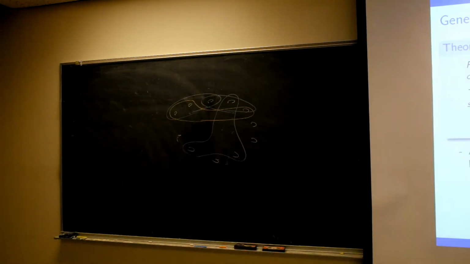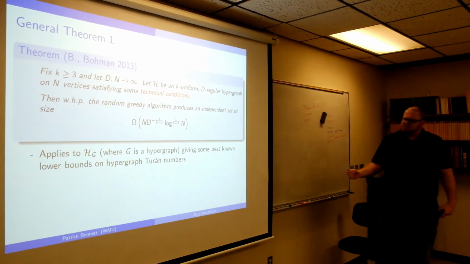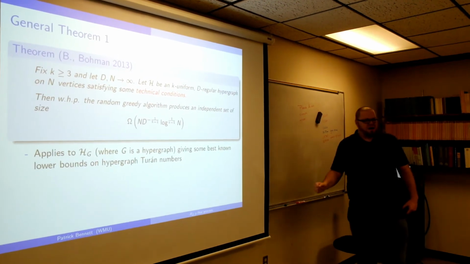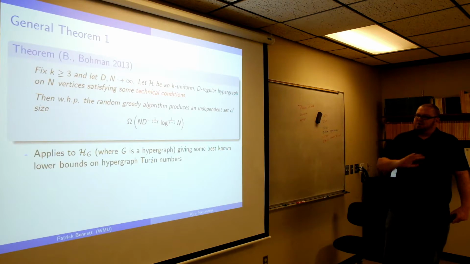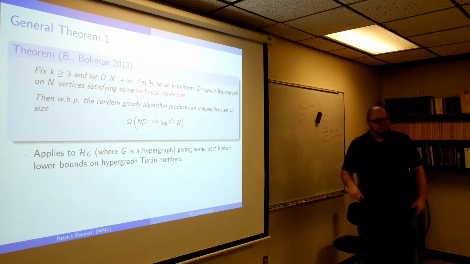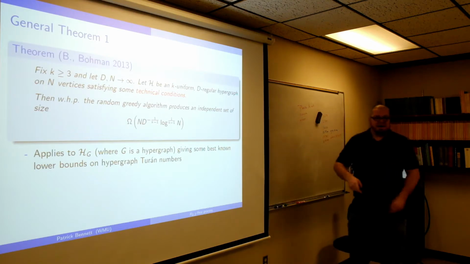So it applies to that, which in turn can give us some actual best-known lower bounds on hypergraph Turán numbers, because you managed to come up with a hypergraph without any copies of whatever your forbidden hypergraph is. And for some hypergraphs, that's the best known bound.